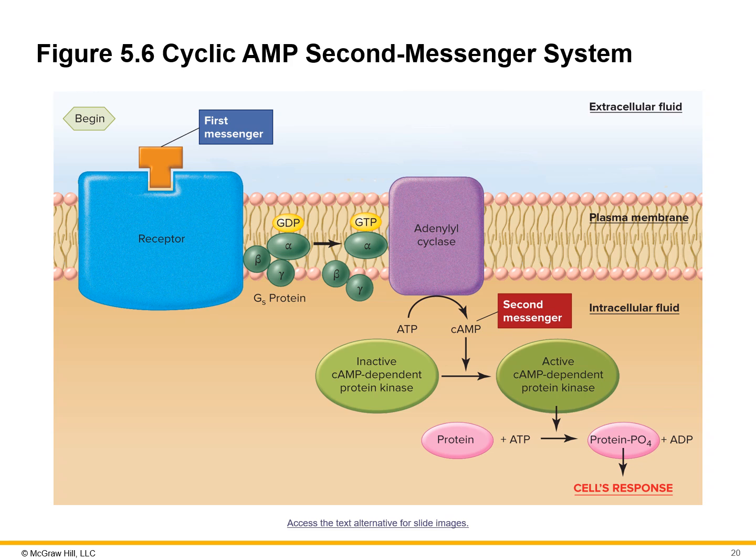So let's try this again from the top. The first messenger hormone changes the shape of the protein receptor, which initiates the breakoff of the alpha from the G protein, which changes the shape of the protein that has a cyclase in it that prompts this process, okay, to turn a secondary messenger into an active enzyme that will help to phosphorylate a protein to give a cellular response.